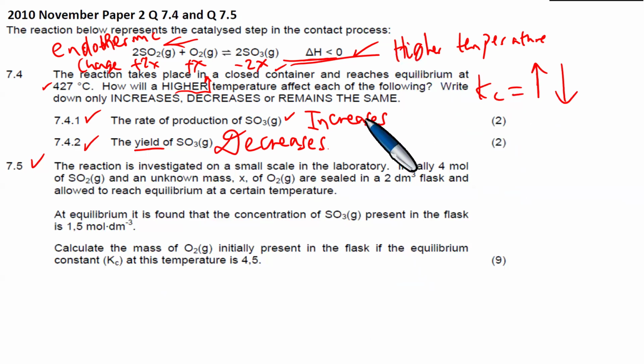If you add a catalyst or increase the pressure, we know very well that those can disturb an equilibrium, but they do not change the Kc. It is temperature that has the power to change the Kc.